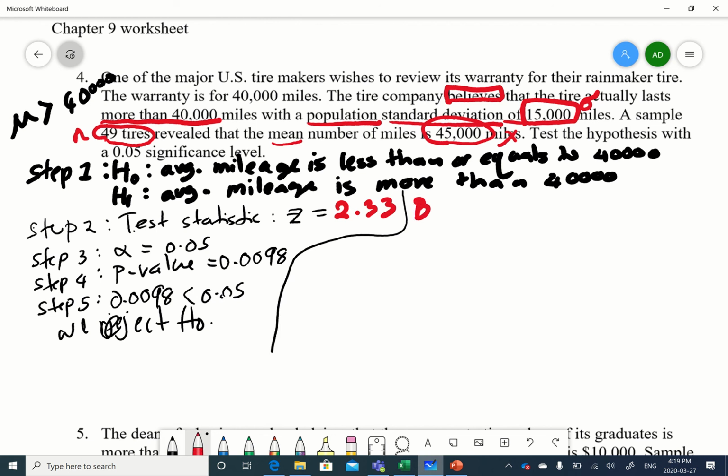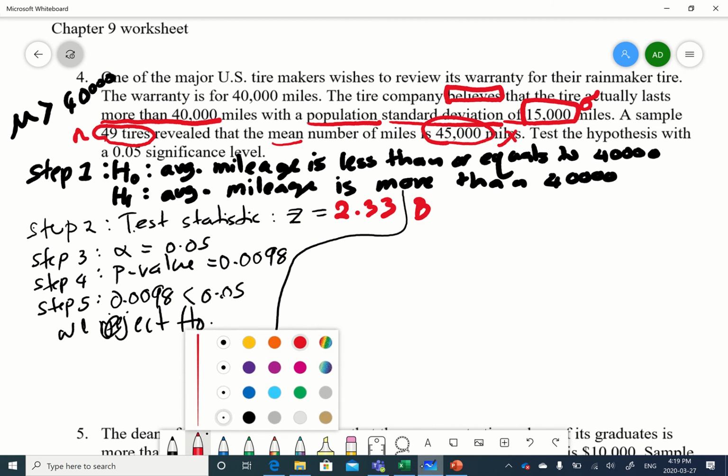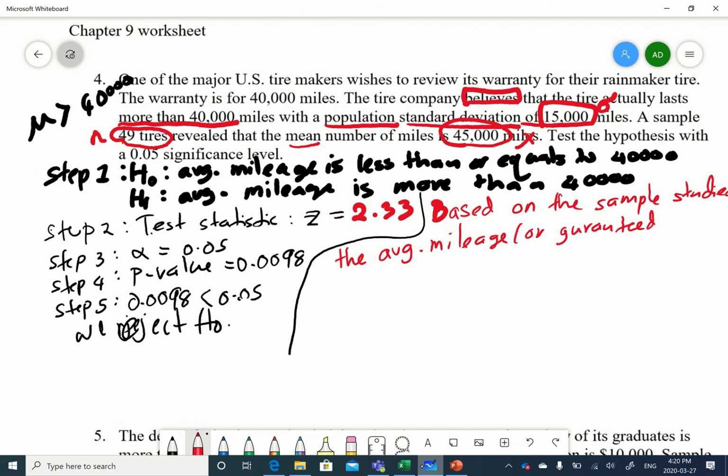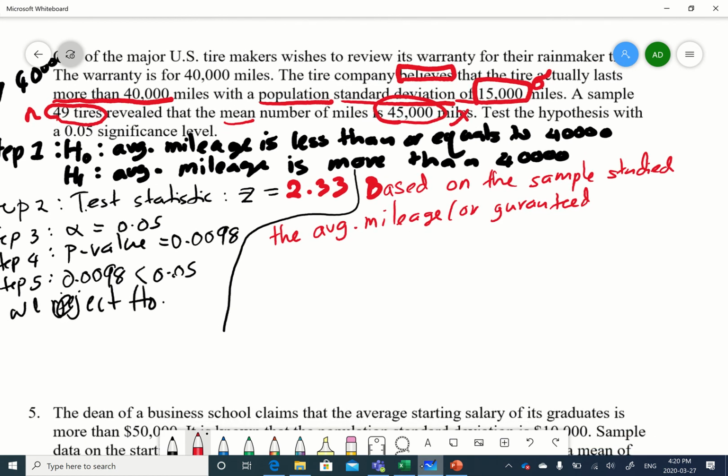So based on our sample, the average mileage is actually more than 40,000, by about 10,000 miles.